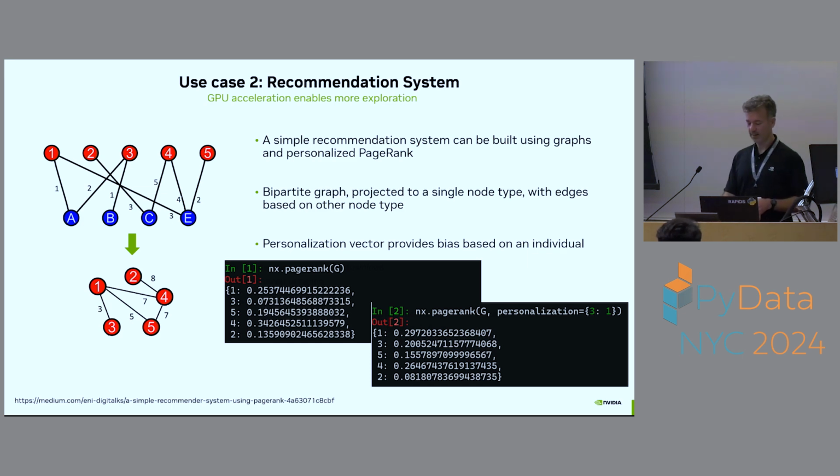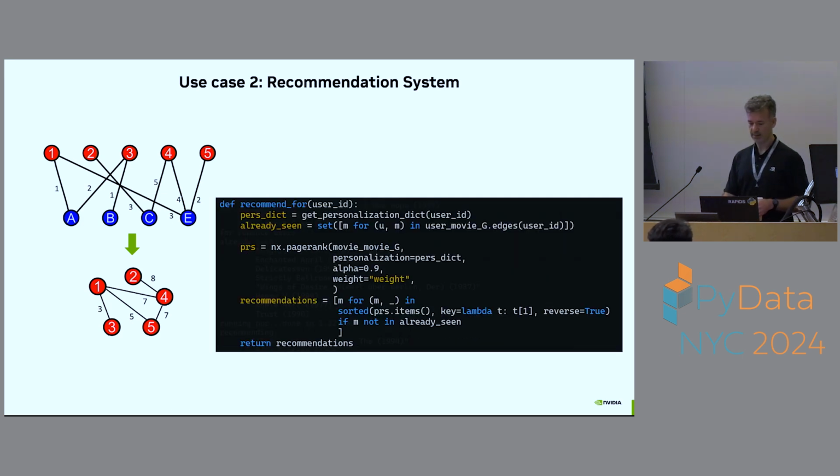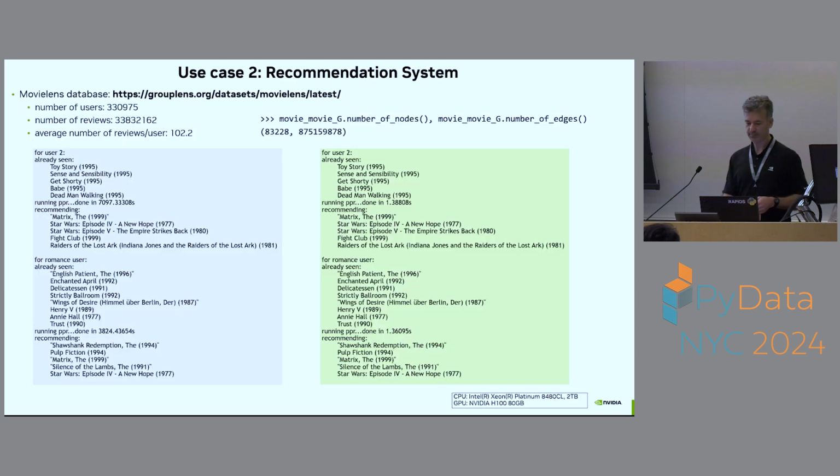Now if you take a data set like the MovieLens one, which I'll talk about in a second. But anyway, this is the code. This is, I guess, the key part of the code here. Just simple NetworkX PageRank calls. So that's the great thing about it. Again, I can use it on this toy example, but then I just throw the real data at it, and it continues to work.